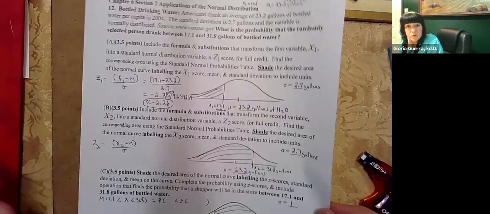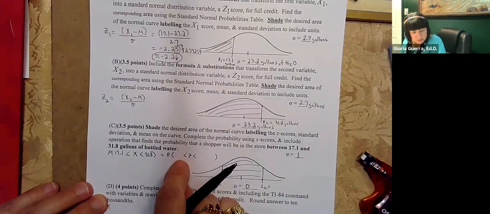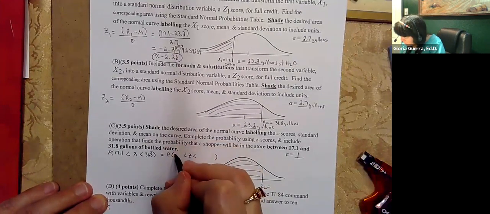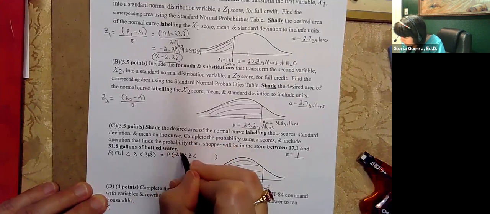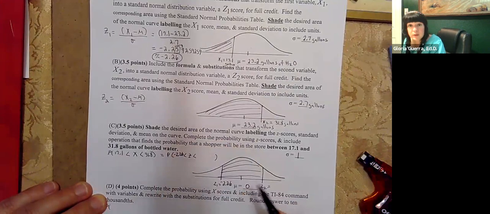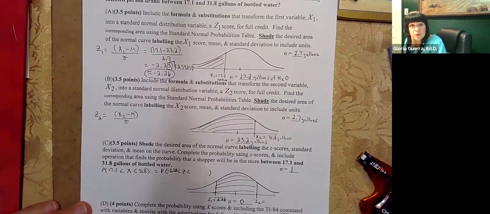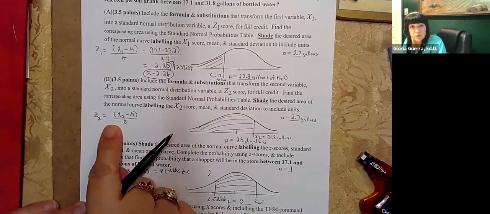And so now you know that here, this would be negative 2.26. Okay, you transformed it. Now we're going to do the same thing and transform the other one.